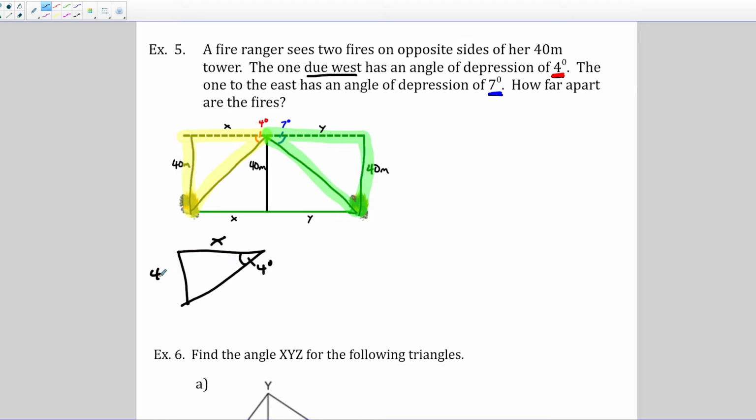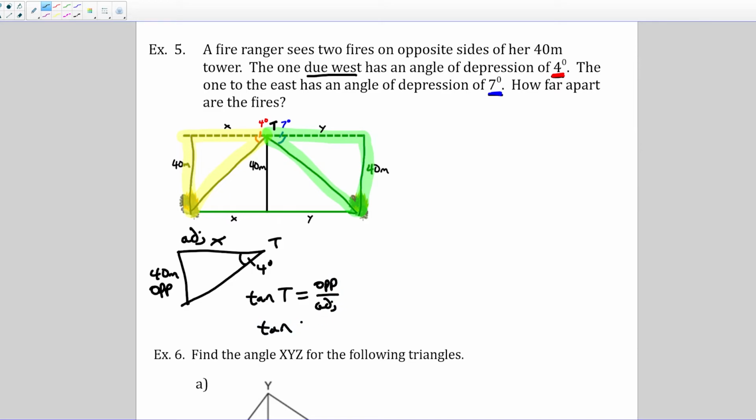So you've got 40 meters over here on the left, and I'm going to label my two sides, opposite and adjacent. So I'm using my tangent ratio. Let's call this point in the middle angle T. So tan of T is equal to opposite over adjacent.